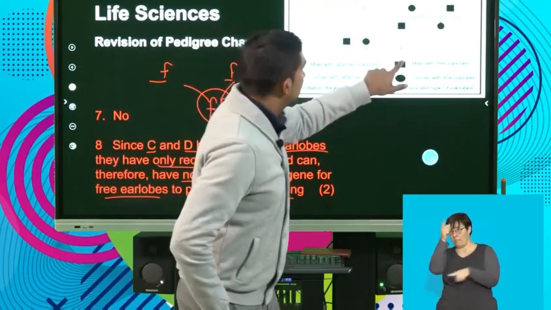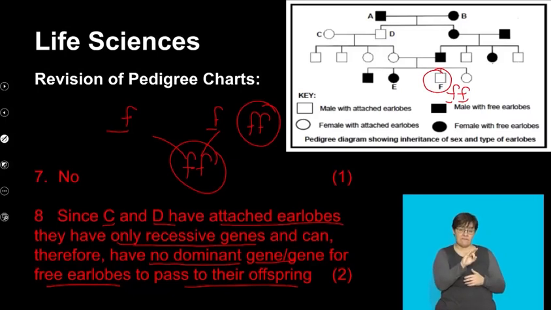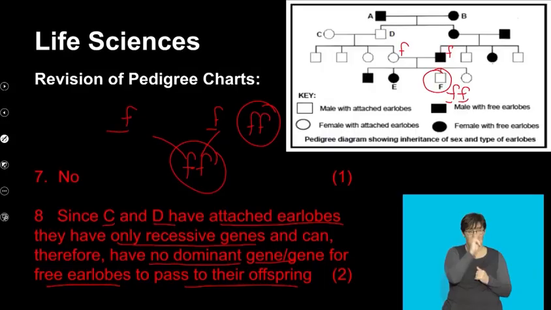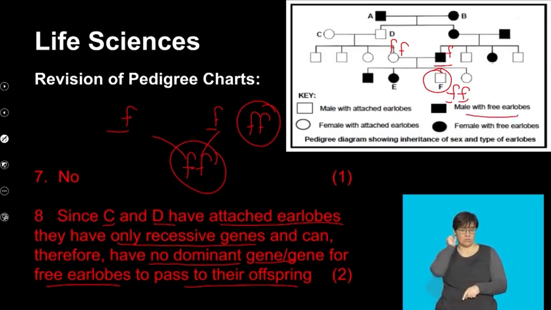And we know that this means that individual F would have inherited a recessive allele from the mother and a recessive allele from the father. And that is crucial to individual F inheriting two recessive alleles. And then that should help us to determine what the father is. And because he has free earlobes, which is the dominant trait, he has to have the heterozygous combination.